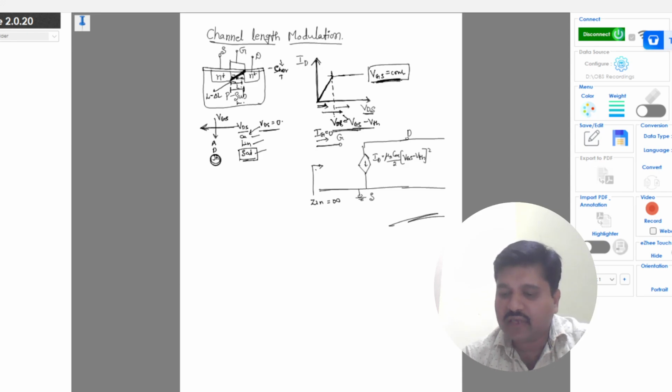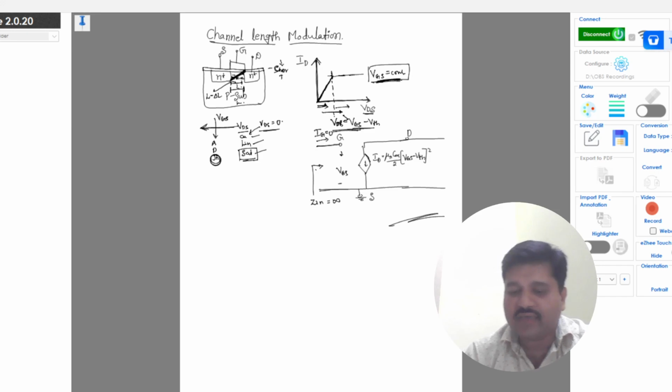Okay, and this is the output current, which is a function of VGS, the input voltage, as this MOSFET is a voltage controlled current source. The output current, which is represented by the dependent current source, is dependent on the input voltage.